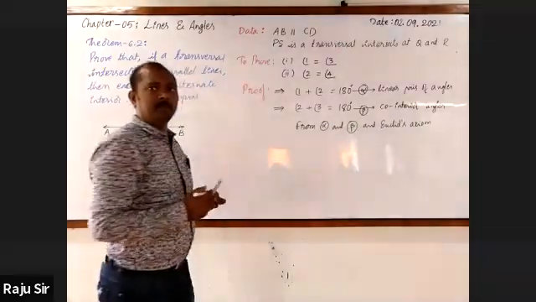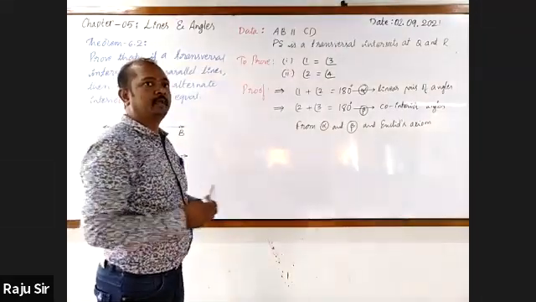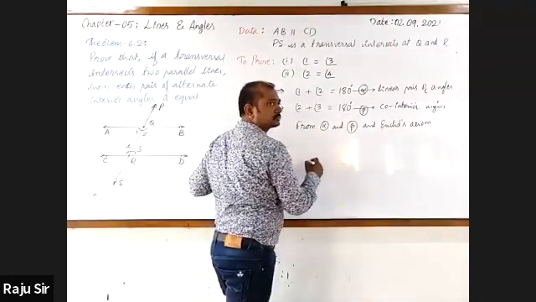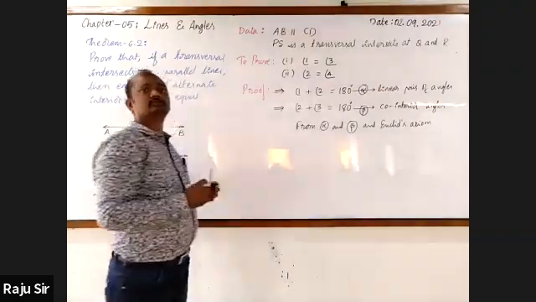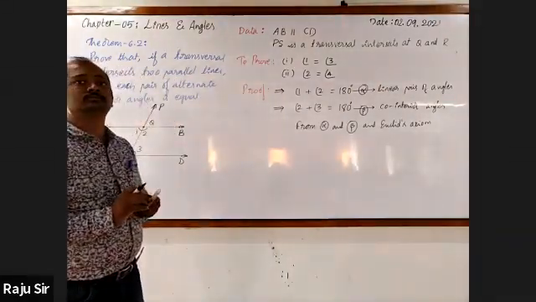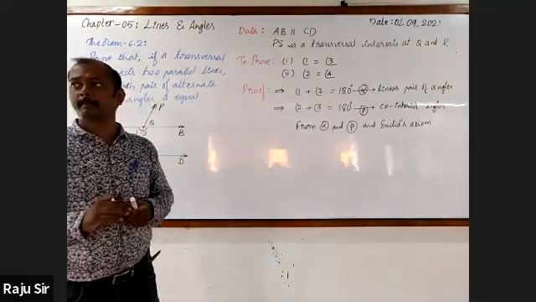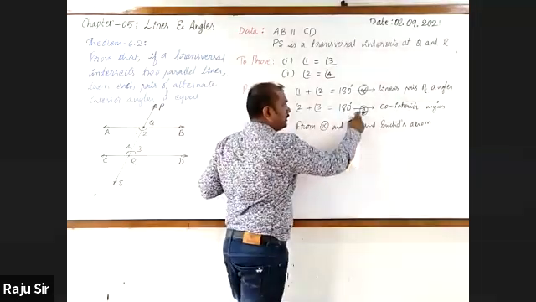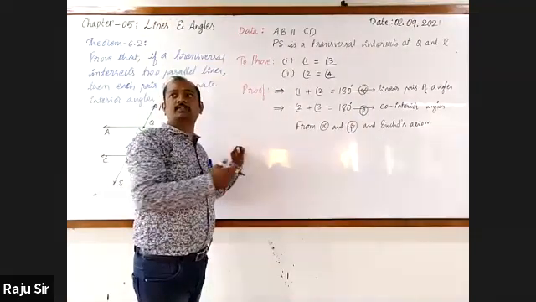From alpha and beta and Euclid's axiom. From alpha and beta, both are equal to 180 degrees. How do you write the next step?